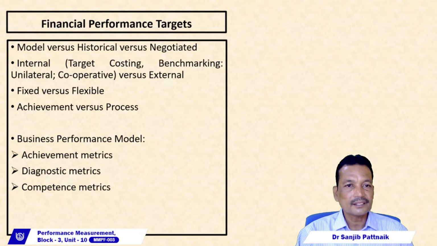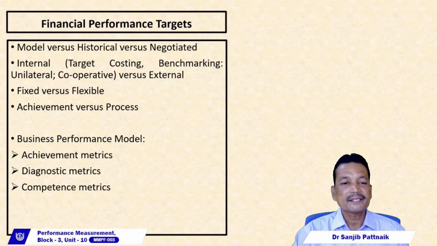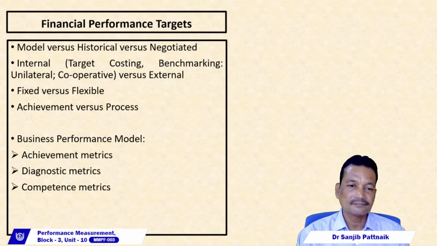Now, let us look at the business performance model. We have three kinds of metrics here. One is achievement metrics, second is diagnostic metrics, third is competence metrics.